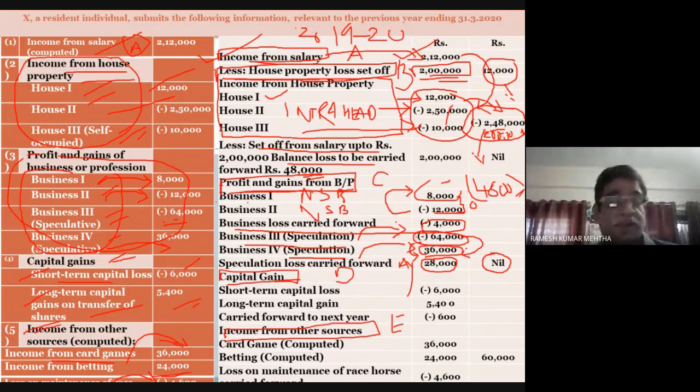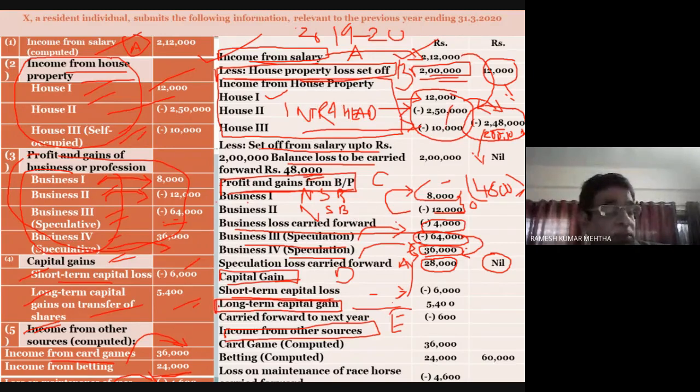Next one, the fourth one, is capital gain. In this case, it is given that short-term capital loss is 6,000 rupees and long-term capital gain is 5,400. I'm telling you the rules of capital gains as far as the intra-head adjustments are concerned. Under intra-head adjustments, long-term capital loss can be set off against long-term capital gain only. Rule number one.